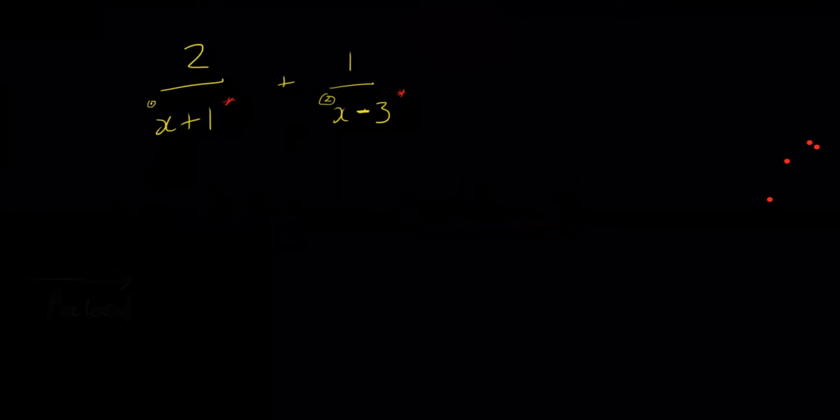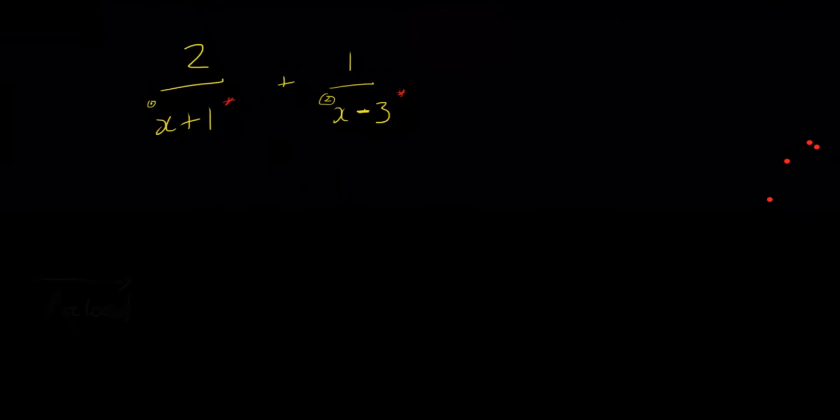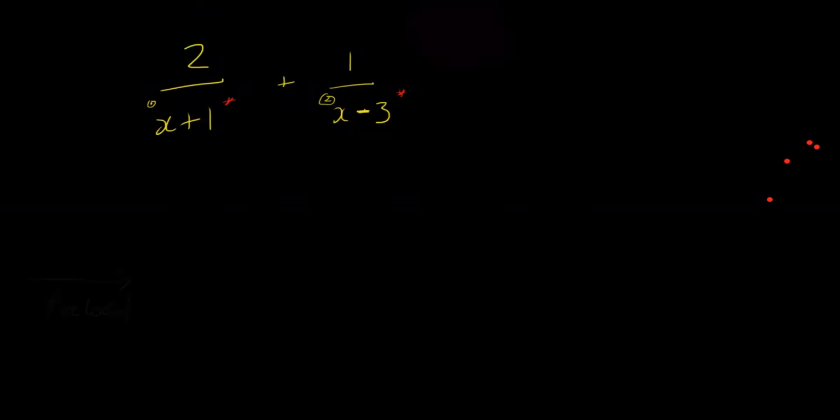When we're adding fractions, what does the denominator, the bottom number, have to be in both sides of the equation? They have to be the same.